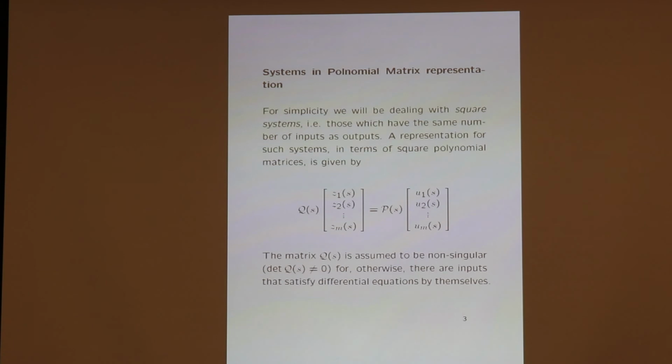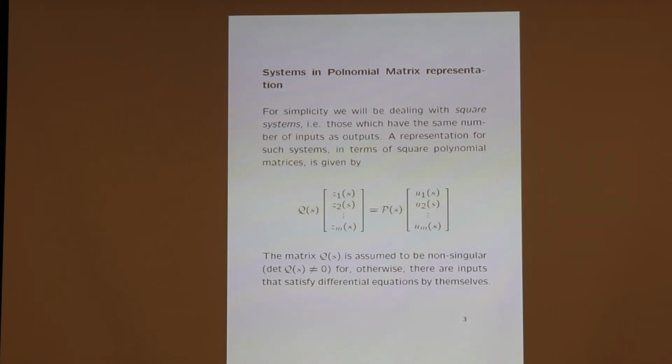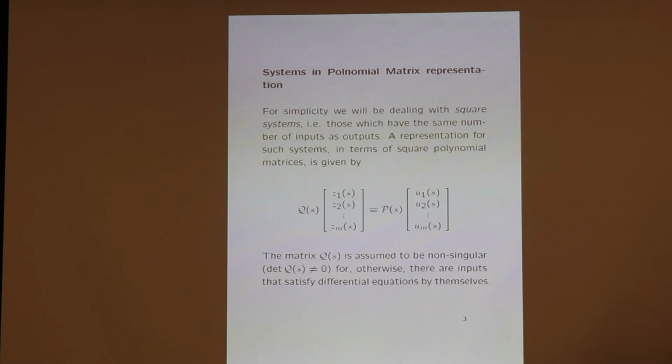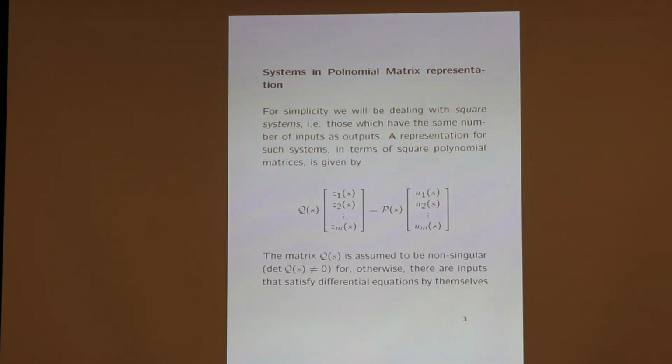So let's start with the matrix polynomial representation of multiple input, multiple output systems, in which you have the same number of inputs as the number of outputs. So this is the case of square systems, and they are useful enough to represent a number of practical examples.